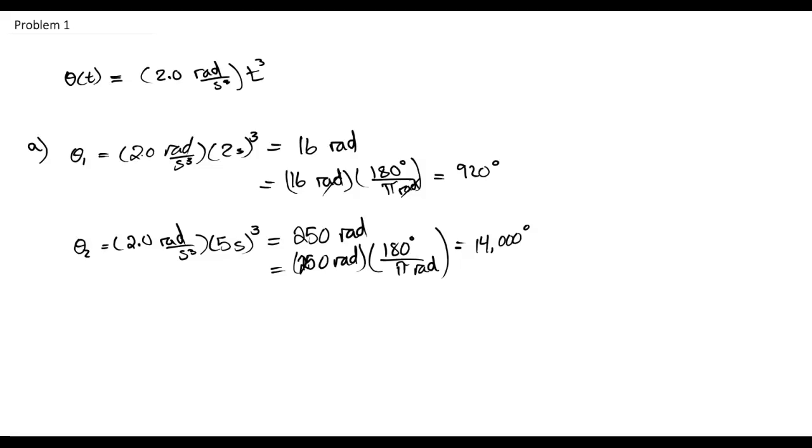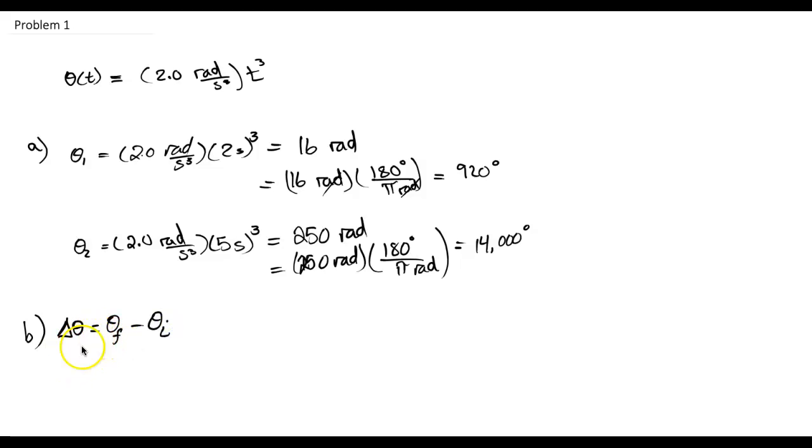Moving on to part B. Part B, we have an interval of time. So the angular displacement from t1 to t2 is delta theta, which is theta final minus theta initial.